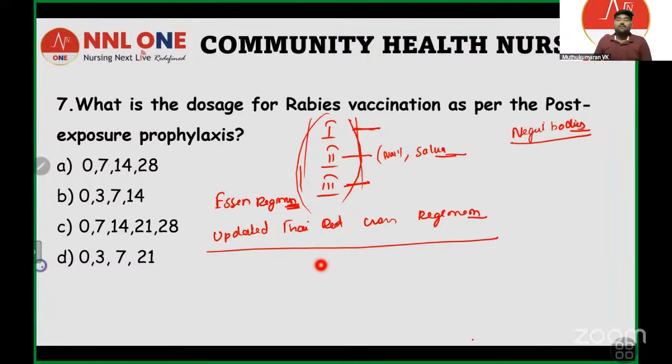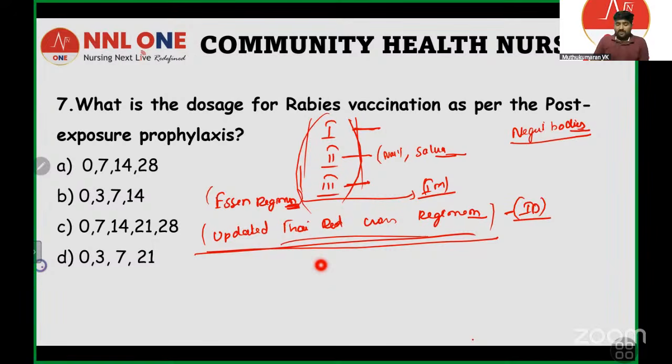In private clinics or private hospitals, they recommend the Essen regimen, but as per our protocol we follow the updated Thai Red Cross regimen. The Essen regimen is given intramuscular, that is IM. The updated Thai Red Cross regimen is given intradermal.